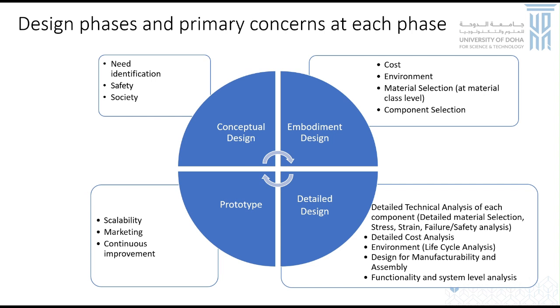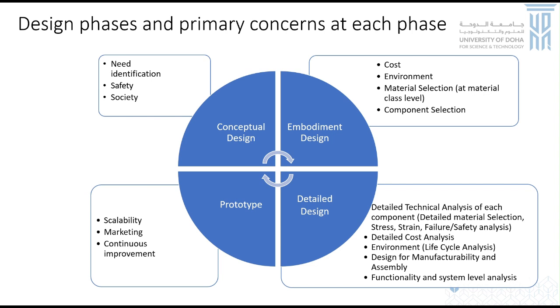The same axial rod, if you make it with a bigger diameter, you can use a material that has a much lower yield strength, isn't it? So at embodiment level, you are still playing with those parameters, right? Of course, you will have certain upper and lower limits for the diameter, but you are still able to modify a lot of geometry as well as how the loads are being applied. So all of those things can be modified.